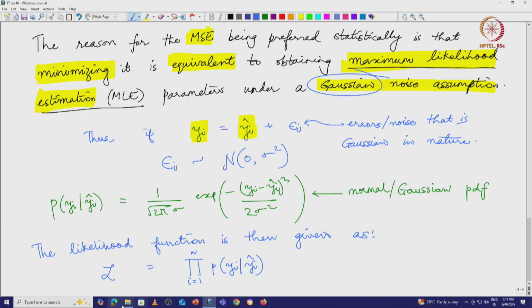And we can go in and substitute each of these probabilities here. They are all normally distributed and we are going to assume that these samples are independent and identical. So, let us go ahead and write this down.